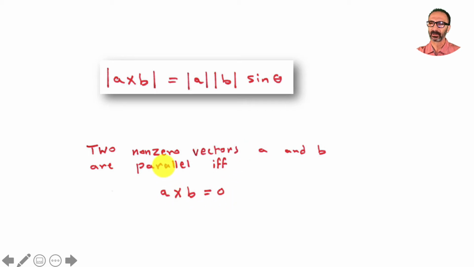Well, if they are parallel, that means the angle in between is 0, or you could say pi the other way around. So sine 0 is 0, which means the cross product is 0. Okay? So just because they don't have an angle in between, this will be 0, confirming that they are parallel.